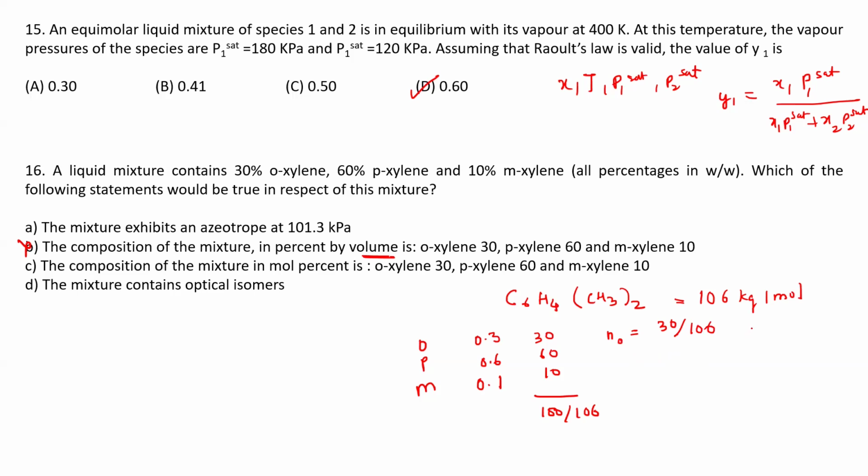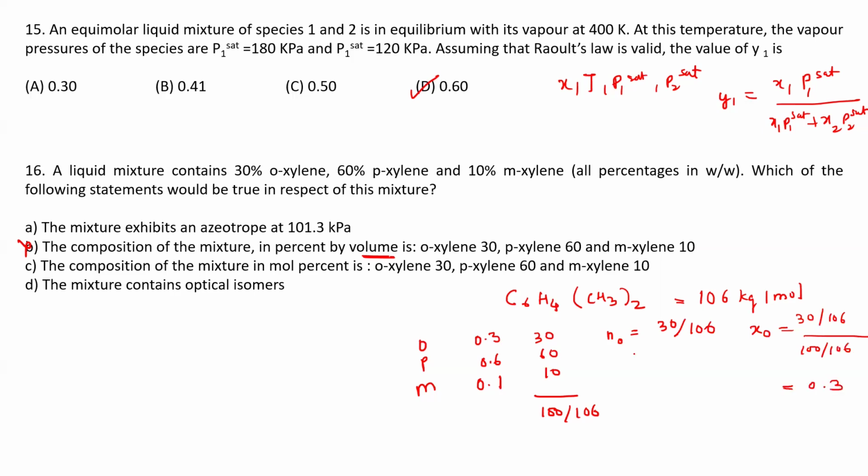The mole fraction XO equals 30 by 106 divided by the total number of moles, 100 by 106, which is again 0.3.